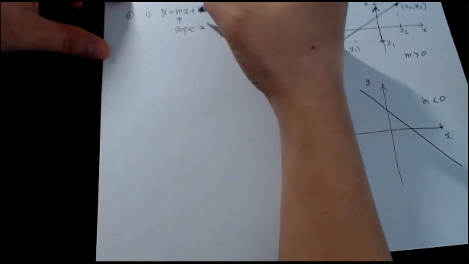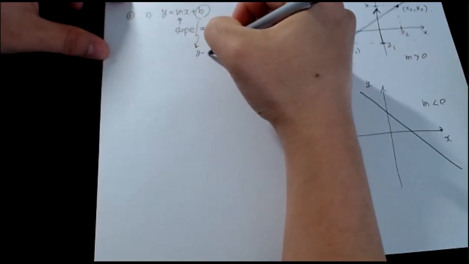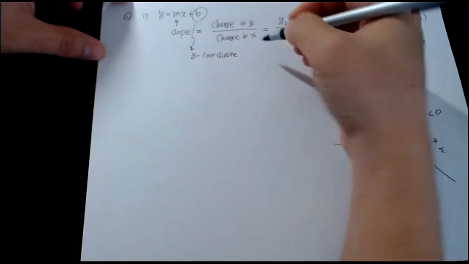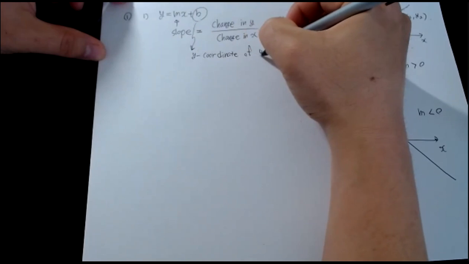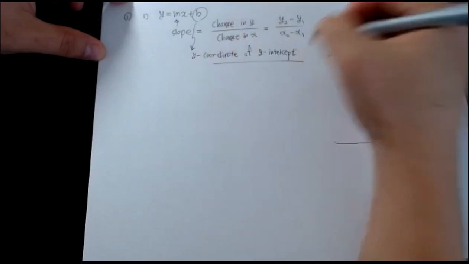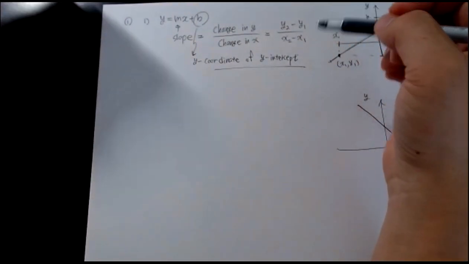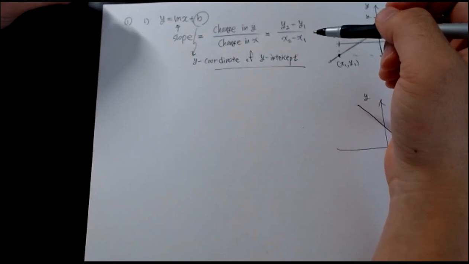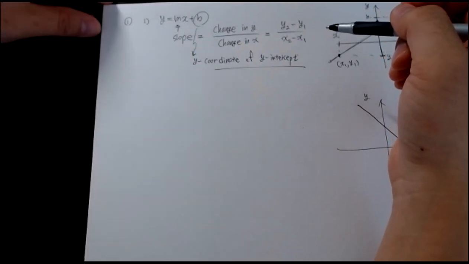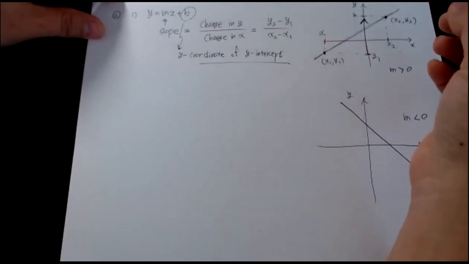So then what is b? We told you this is the y coordinate of the y-intercept. Okay, y-intercept. Since the y-intercept is the intersection point between line and y-axis, it means that y-intercept lies on the y-axis.